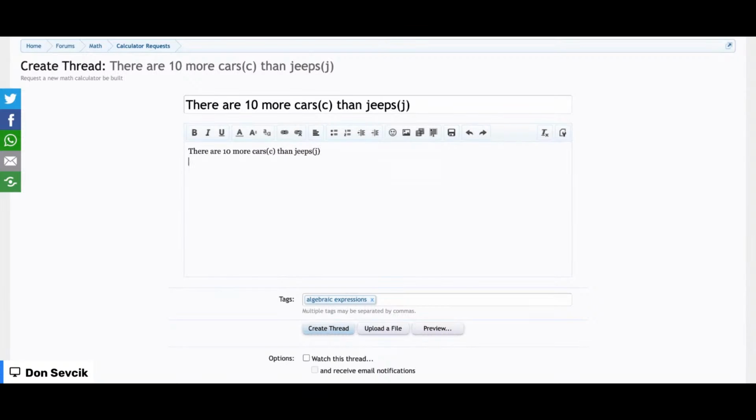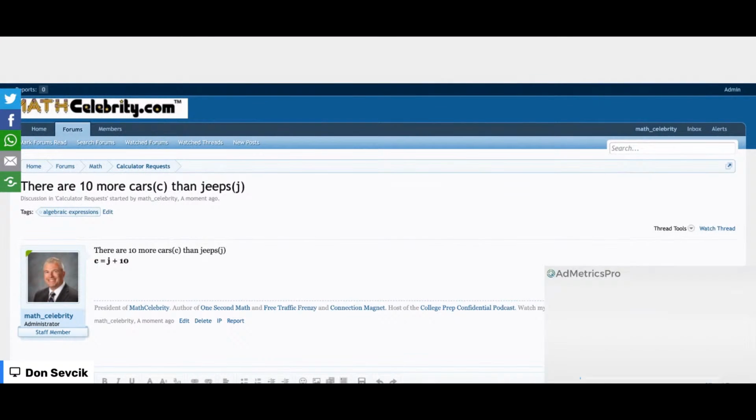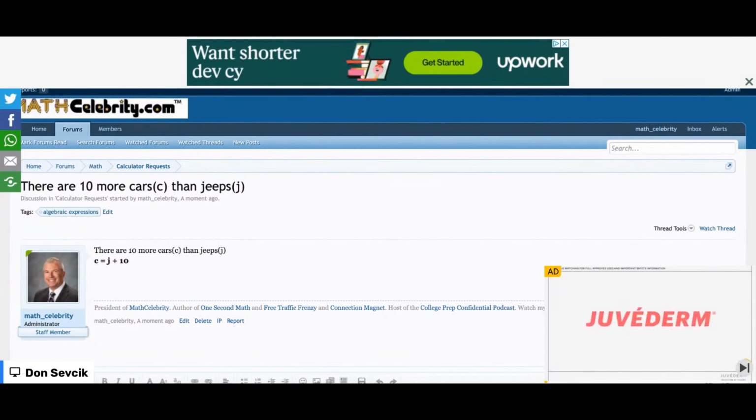What that means is cars equal J plus 10. So whatever J is, we add 10 more, we get C. And that is our algebraic expression. Nice and quick. We'll come back to this one because that's a little bit of work.